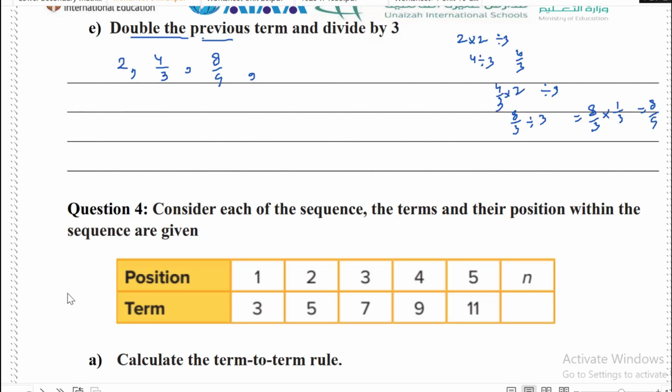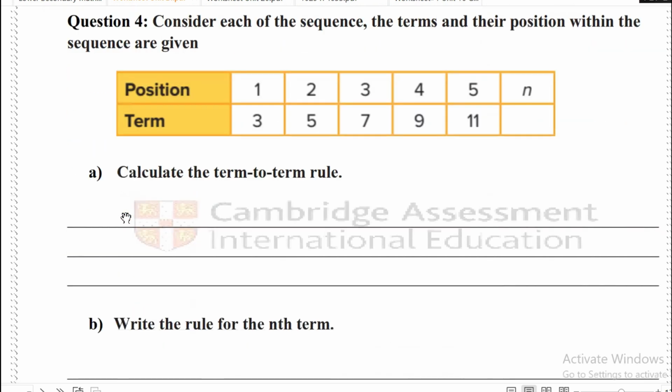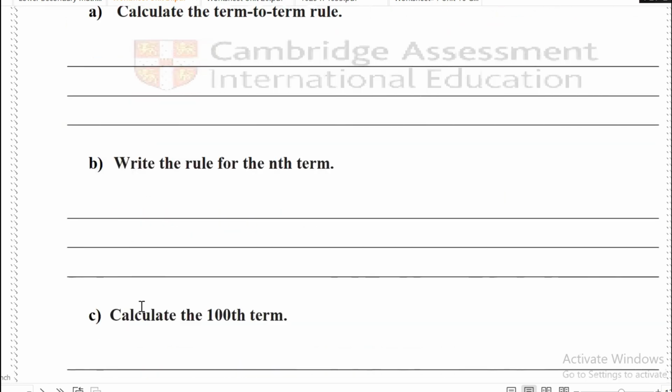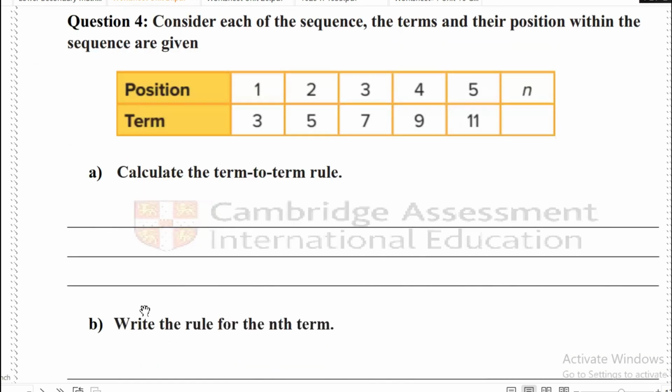Next, we have question number 4. Consider each of the sequences in the table. Their positions within the sequence are given, and as you can see, the table will help you to find the answers of A, B, and C parts. In C part, remember, we are looking for the 100th value, but first we will see A part.